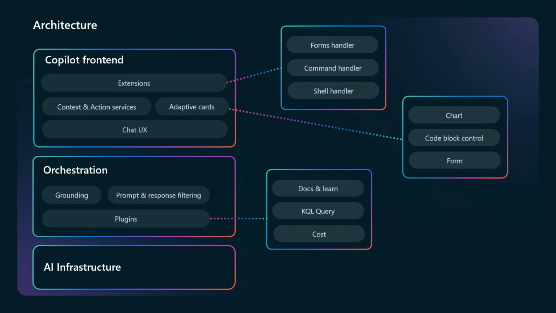The orchestrator layer is a sophisticated processing engine. This is where we make sure that your conversations are grounded, based on a lot of information and insights we have in the Azure environment. Whether it's service telemetry, whether it's Azure Resource Graph, whether it's docs and learn, grounded in Azure documentation.